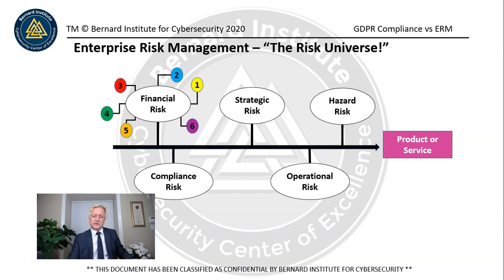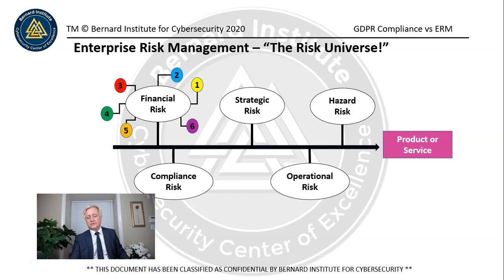The risk universe. So you'll see a number of bubbles that I have here. We're going to explain those. The yellow bubble, number one, these are all different assets that are required to deliver financial services that can create risk. So we have number one, information, number two, people, number three, software, four, hardware, five, telecommunications, and six, facilities.